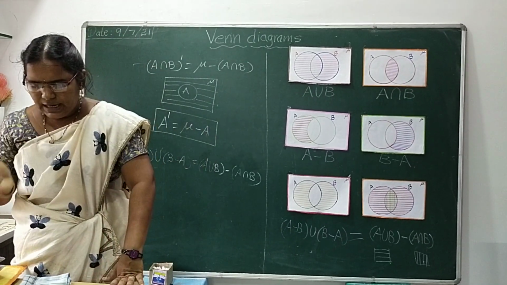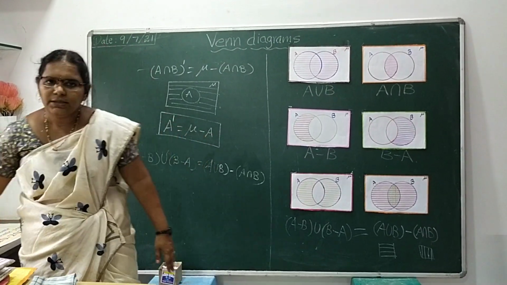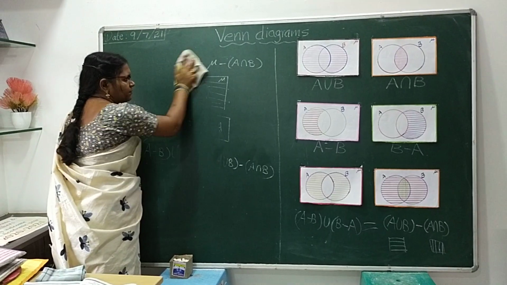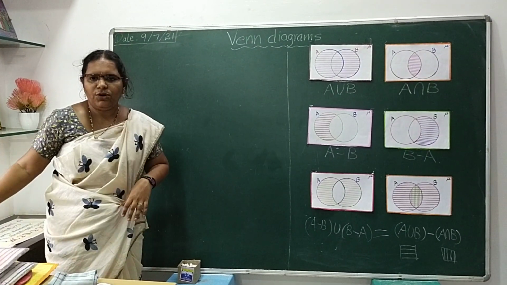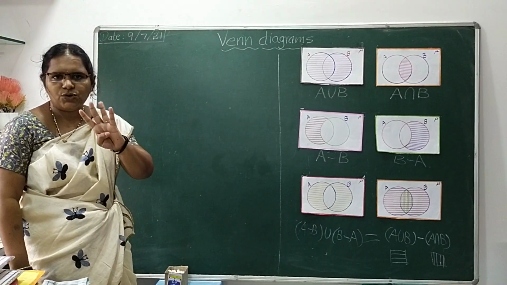If A is equal to the set of x such that x is a natural number, they have given set-builder forms. We have to write the elements and then proceed according to the given questions. They have given 4 sets.